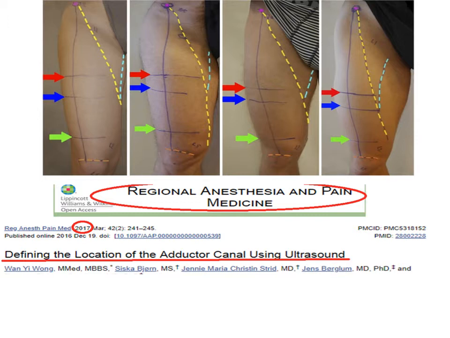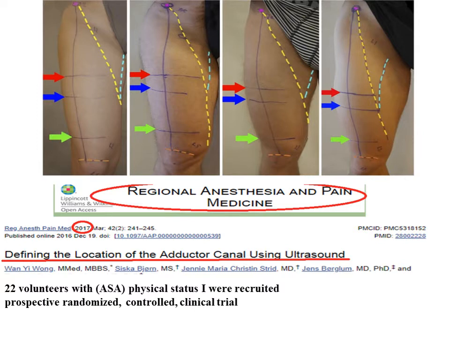This is the subject of another study defining the location of the adductor canal using ultrasound, published in 2017. It was a prospective randomized controlled trial including 22 volunteers with ASA physical status 1.